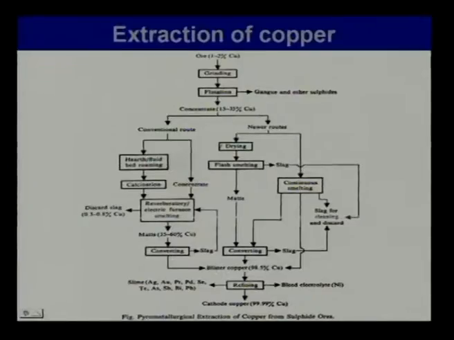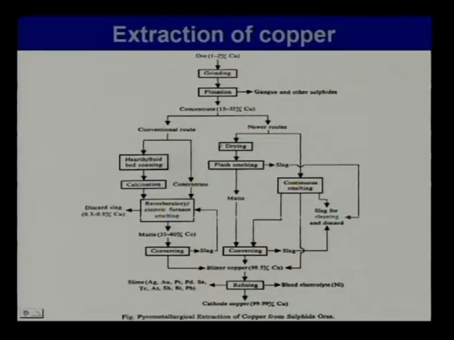So, here we are doing a differential flotation only to get the copper sulphide mineral floating out, while other gangue and other sulphides are not floated. So, the conditions are so maintained. So, we will start now with a concentrate which contains as sulphide 15 to 35% copper. This is the starting material.